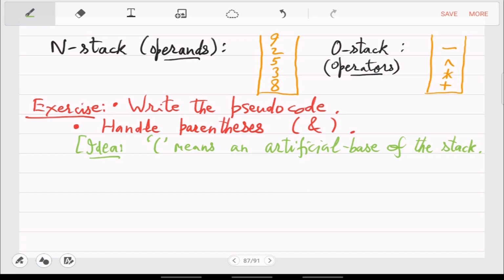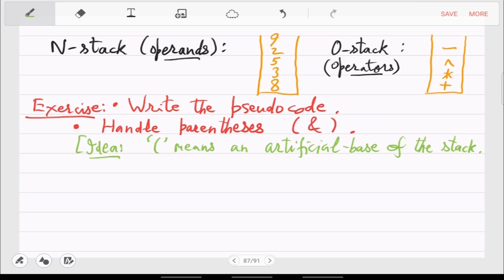But at some point there will be a closed parenthesis if you wait very long. And the closed parenthesis then means that you should close the calculation till the current artificial base. Right? So that part has to be done. So this is again kind of a stack inside a stack. Right? So it's not very difficult to implement, but still first time you have to do it.